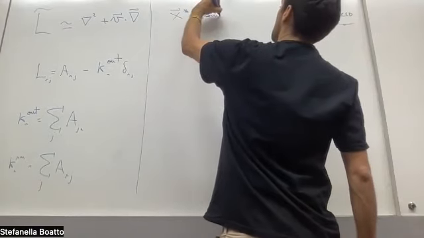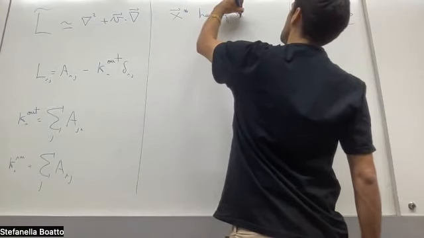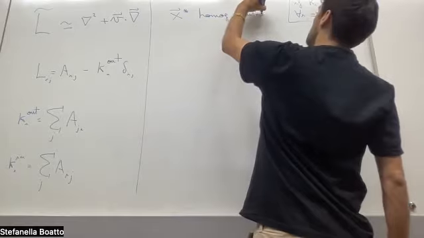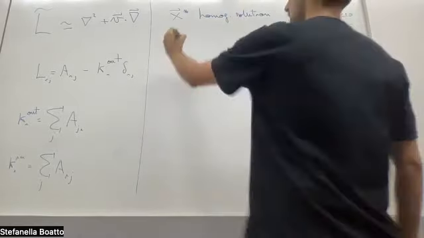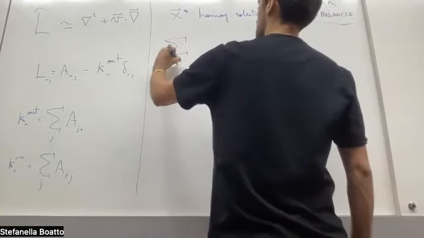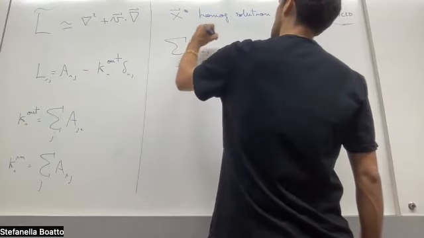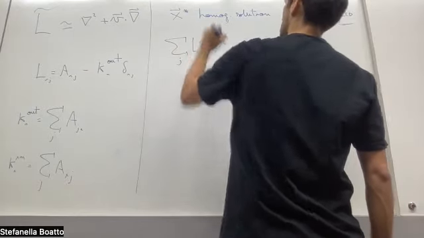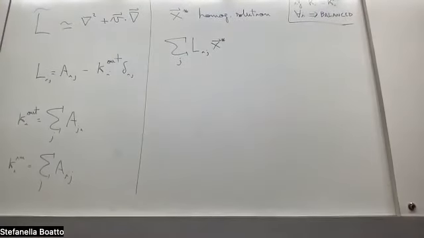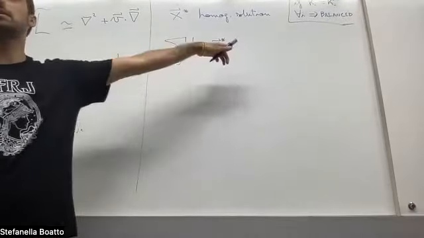So now if we have a homogeneous solution, we know that when the network is symmetric, this is 0.